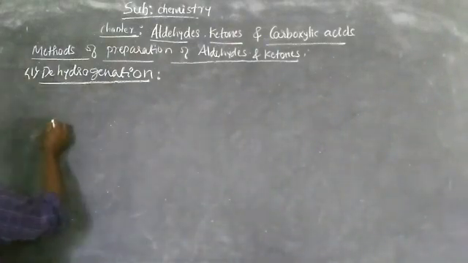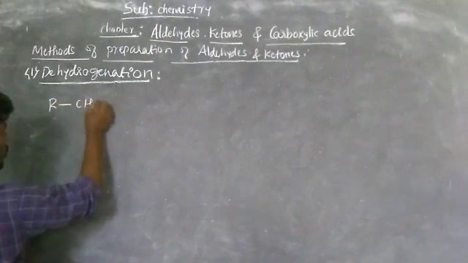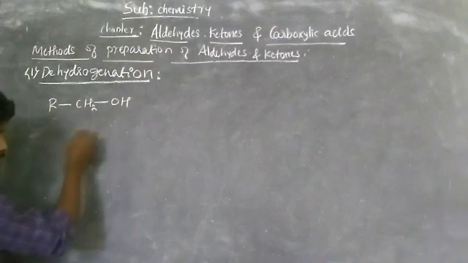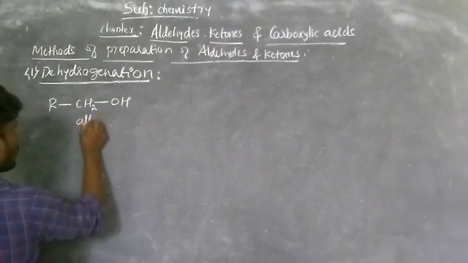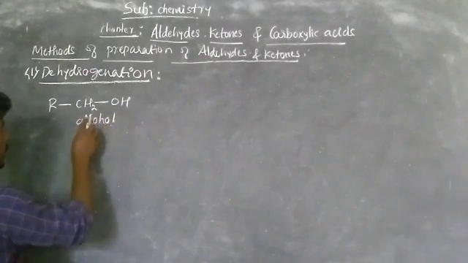The vapors of alcohol, generally RCH2OH. So this is generally called what? Alcohol. So this is a primary alcohol, right?